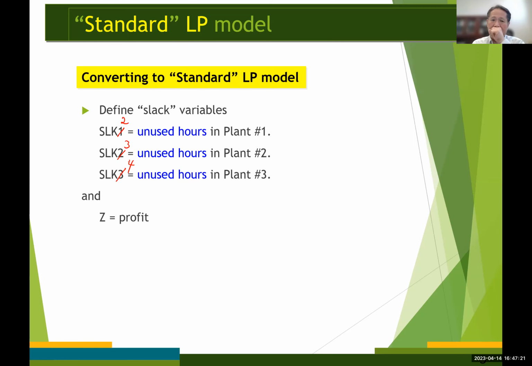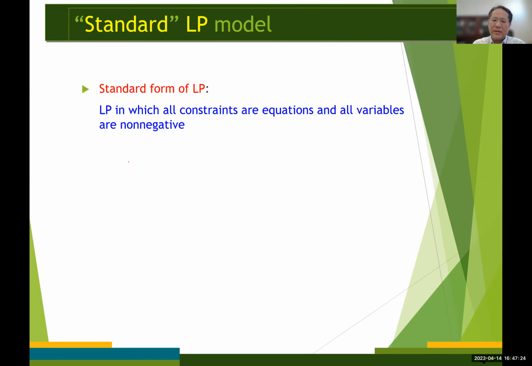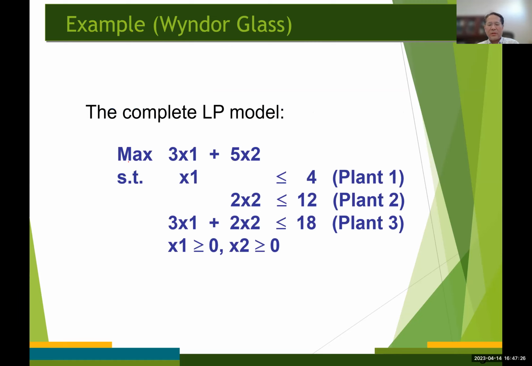So in here, go back to the original formulation. We define slack variables for each less-than-or-equal constraint. So we do have 3 of them, right? 1 for each plant. And in this problem, there are 3 plants considered. So for each less-than-or-equal constraint here, we define slack variables, right?